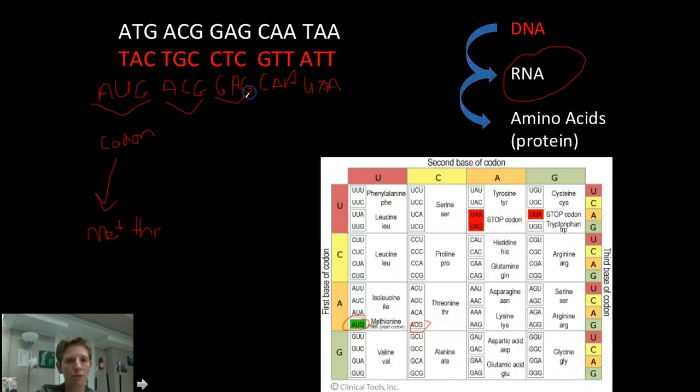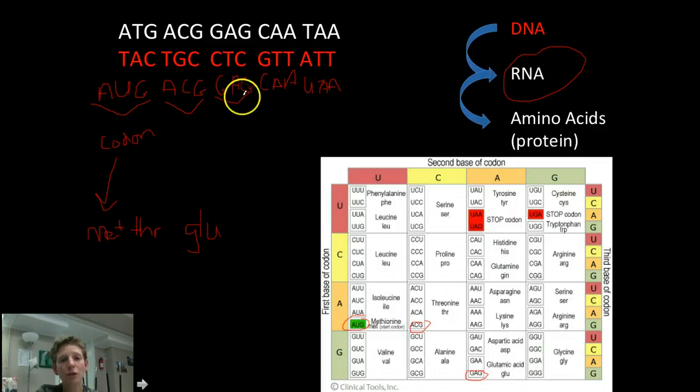Look at the next one, GAG. So G, A, G. And that represents glutamic acid, so GLU. Oops, slightly dyslexic, sorry about that.